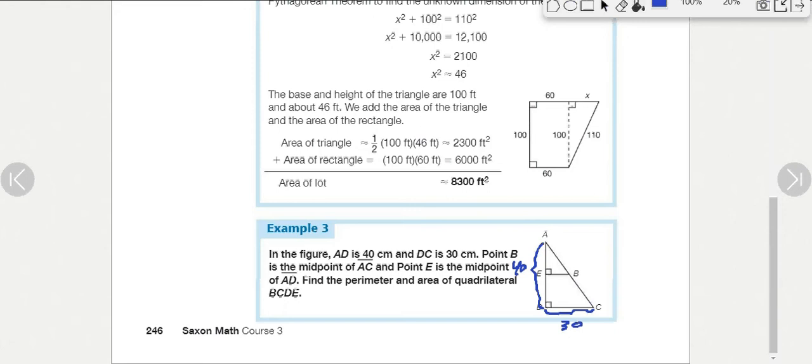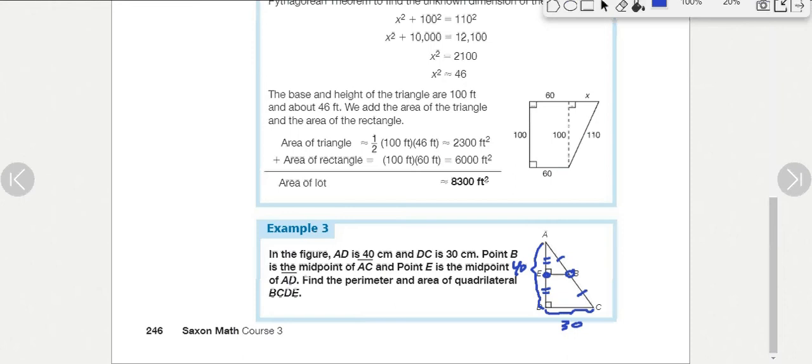Point B is the midpoint of AC. So that means that from A to B is the same distance as B to C. And point E is the midpoint of AD. So this right here is a perfect bisection. Find perimeter and area.